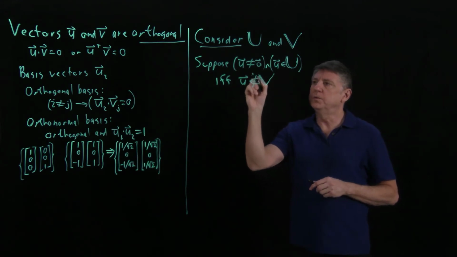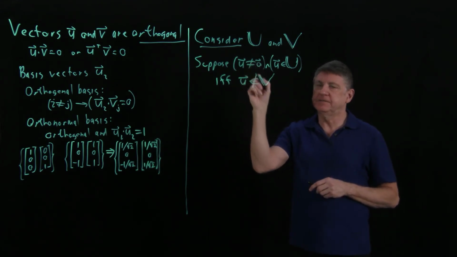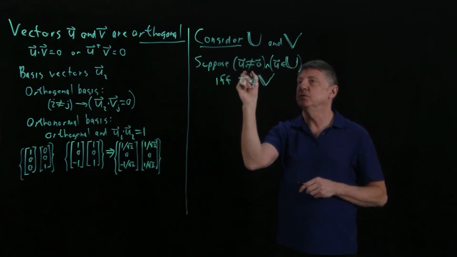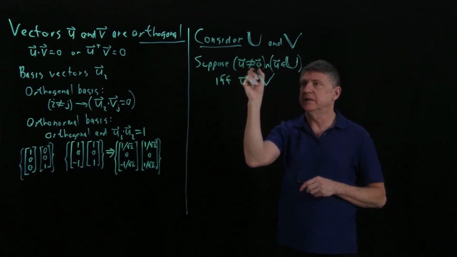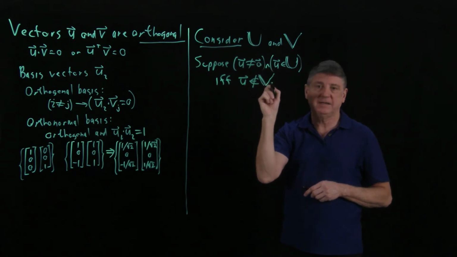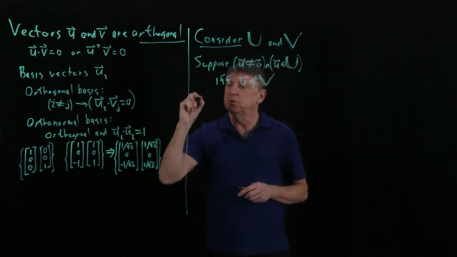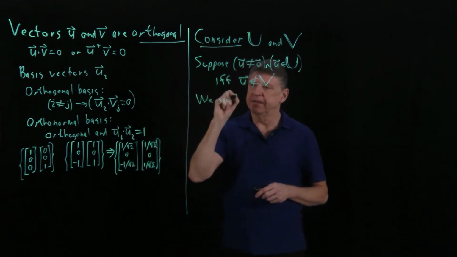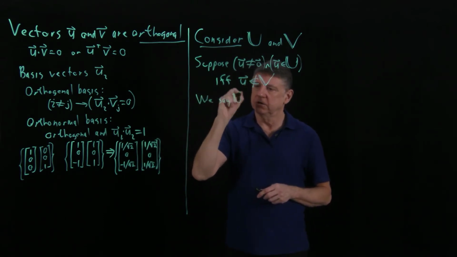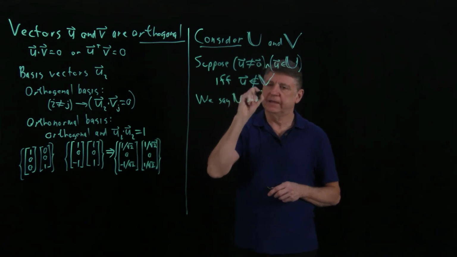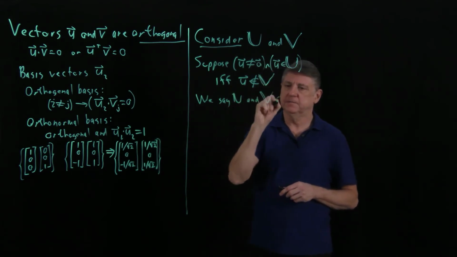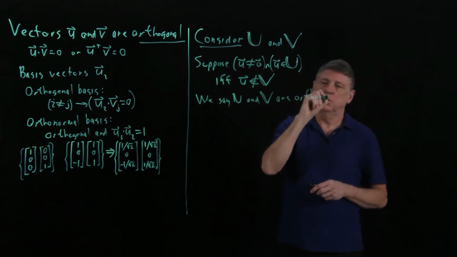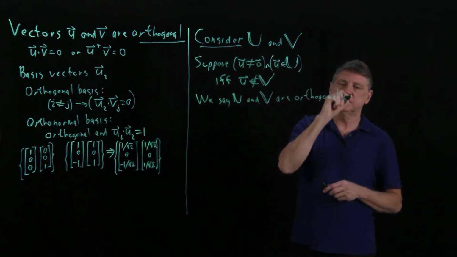Well, if this condition holds, that every non-zero vector in U is not in V, we would say that U and V are orthogonal complements.